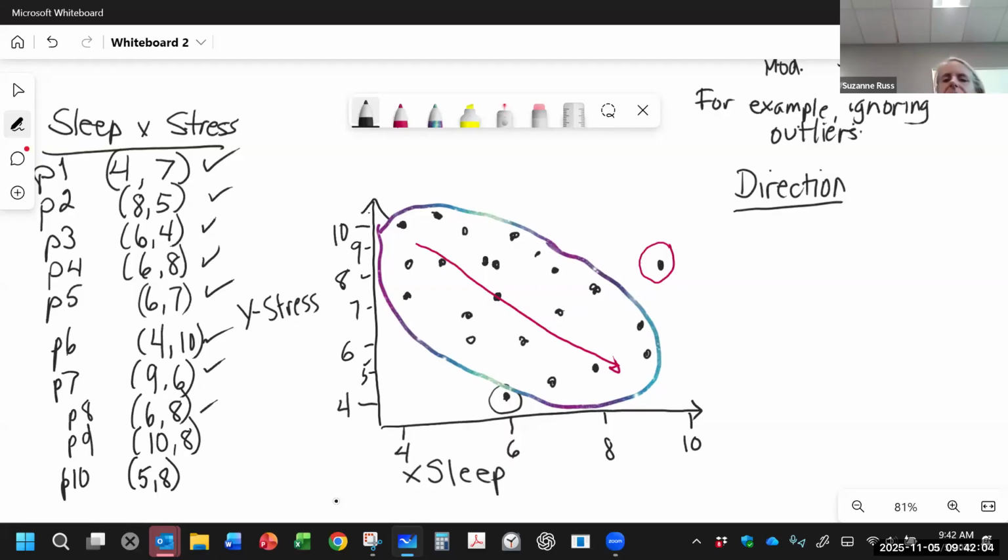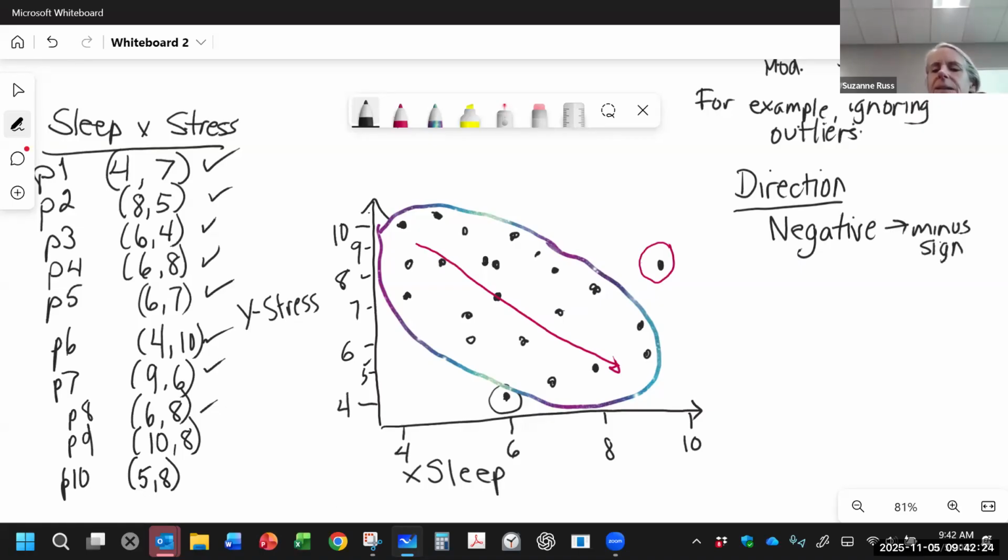Okay, good, good, good. It's negative. The line is going down. When we have a negative relationship, it's going to be indicated by a minus sign when we look at our Pearson R value.